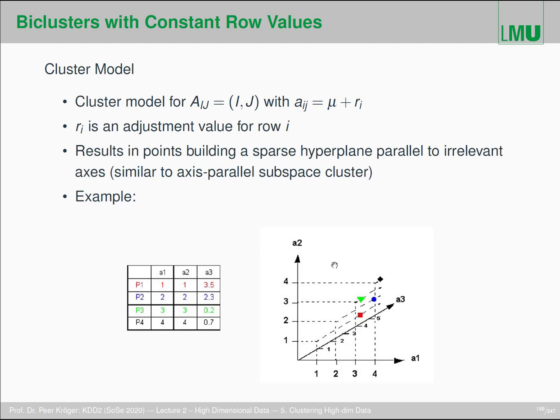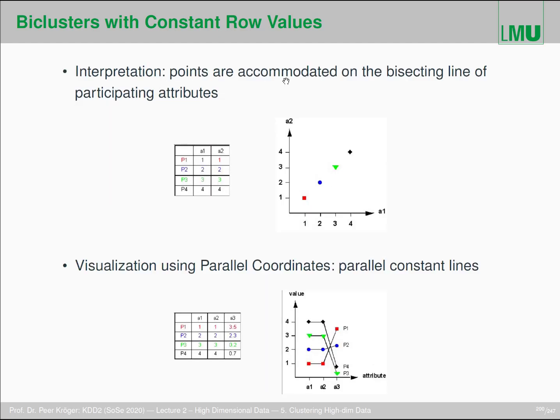Okay. In the relevant subspace, as you see here, the points need not be similar, but they are on the bisecting line of the participating attributes. That looks a little bit like a correlation cluster, but it's not actually, because if you take into account any other feature which is not relevant, then they are just spread all over.